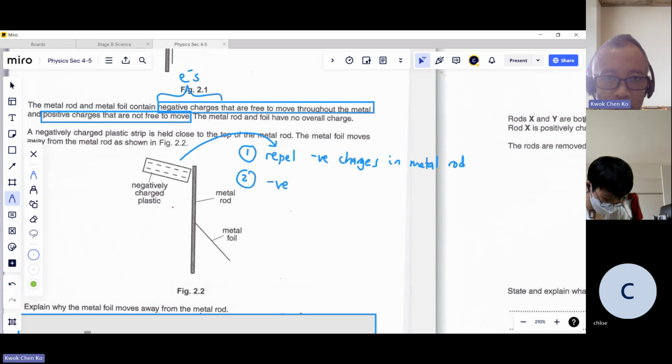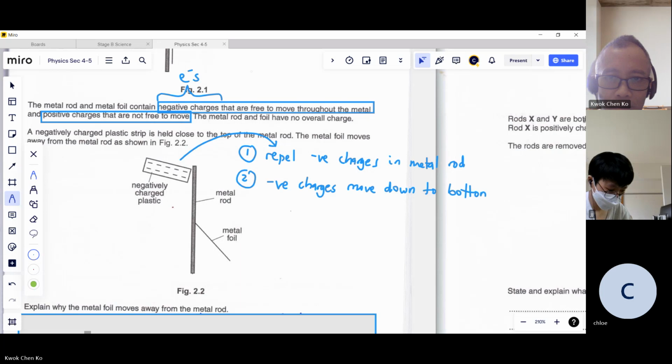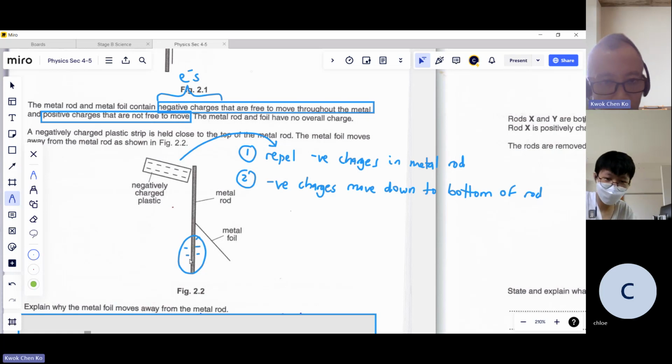Okay, so next you have to mention, which also Jingjie mentioned already, negative charges move downwards. However, be very clear, they move down to this part, bottom of the rod. Okay, maybe I should draw them right inside the rod itself. But Jingjie, one thing you may want to include also, as well as the metal foil.